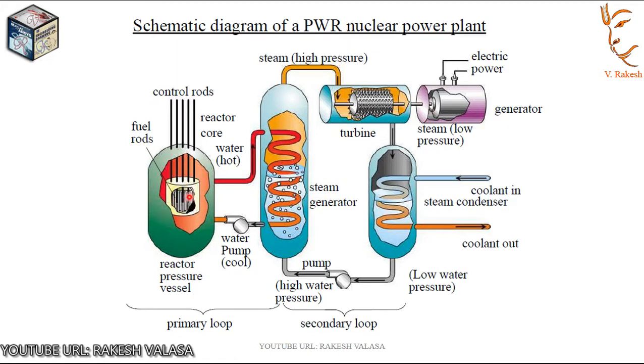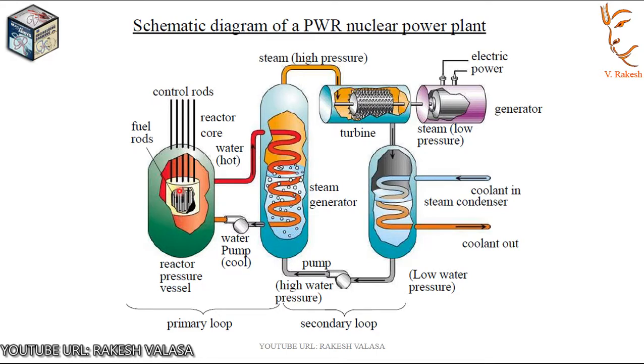The primary system circulates the coolant, generally water, through the reactor core. Here in the reactor pressure vessel, fuel rods, you can see here, transfer the energy released by the fission process, heating the water from around 291 degrees Celsius to approximately 326 degrees Celsius.